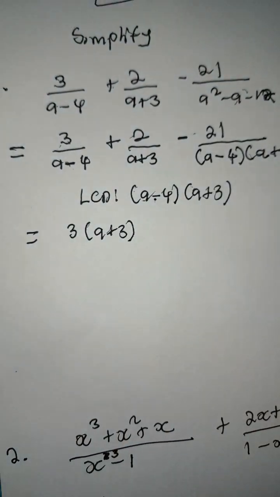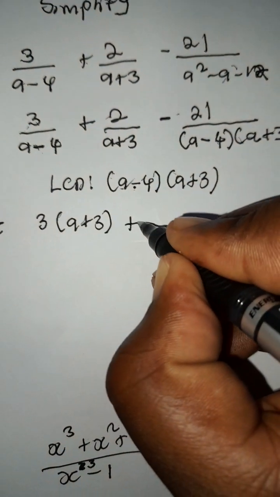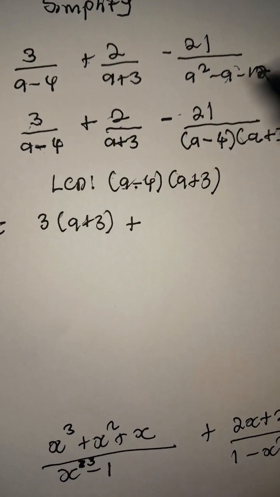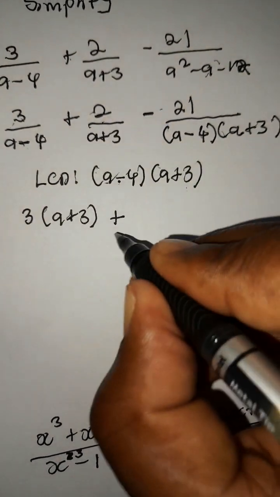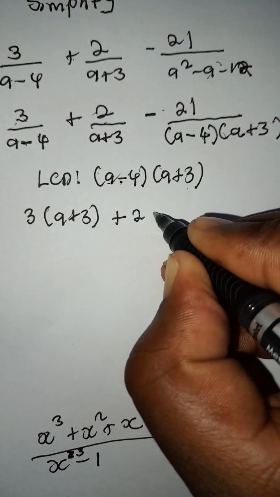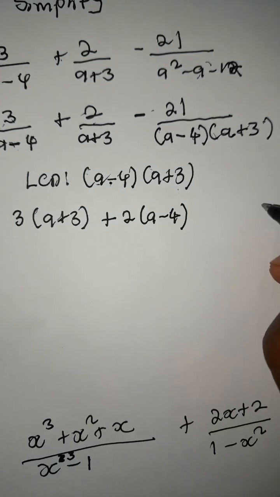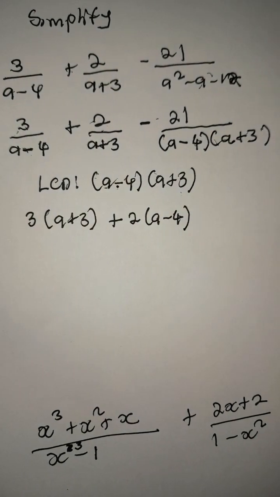I'm going to be left with 3, open the bracket, a plus 3. In the second fraction we also have a common bracket, a plus 3, and the a plus 3 factors cancel each other. Then we'll be left with plus 2, multiplied by a minus 4.